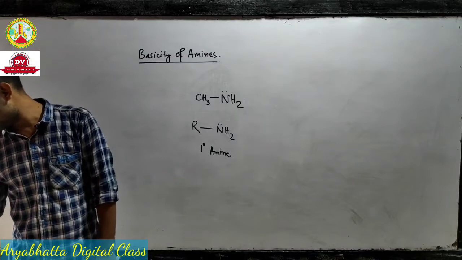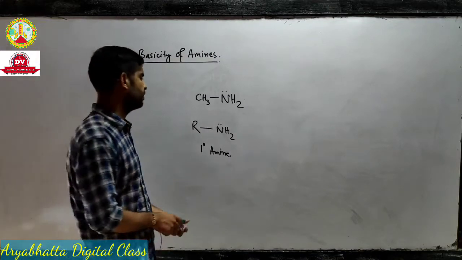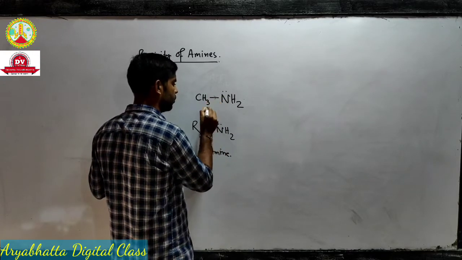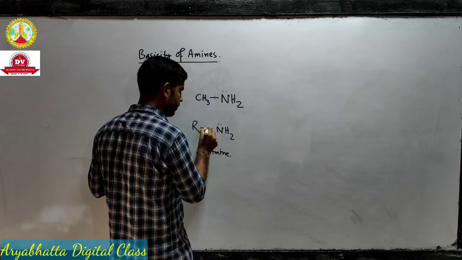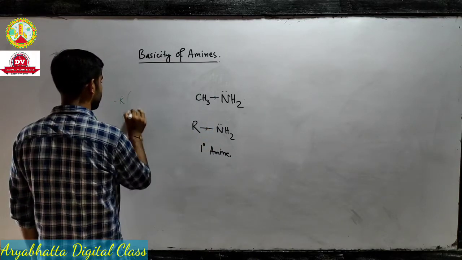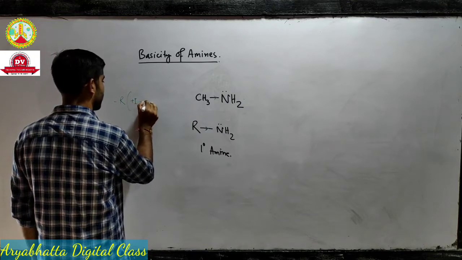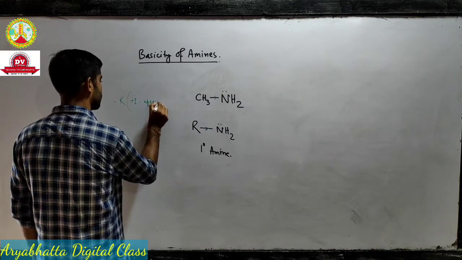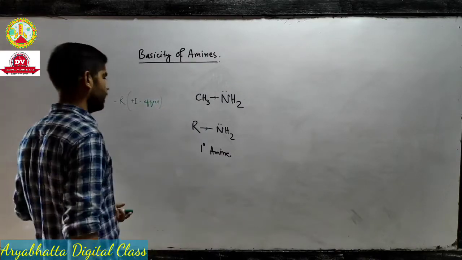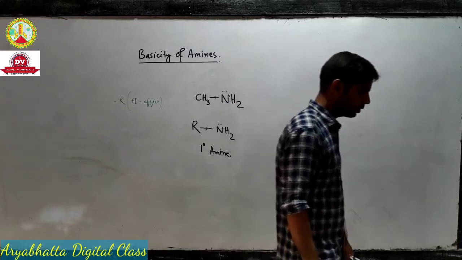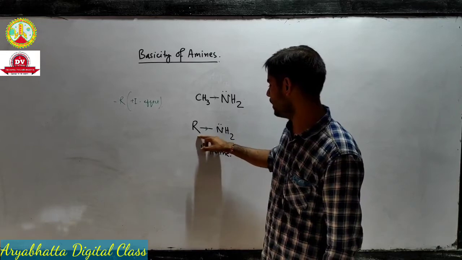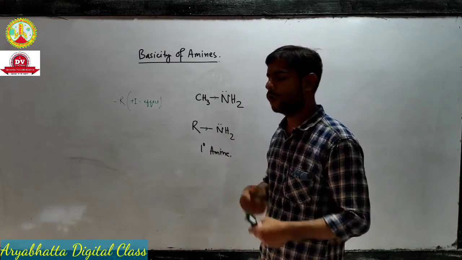Now the simple explanation is that we know methyl or alkyl groups are plus I effect producing groups. R is a plus I effect producing group, that means it can push electrons. So just imagine that if an alkyl group pushes electrons towards nitrogen, what will be the result?